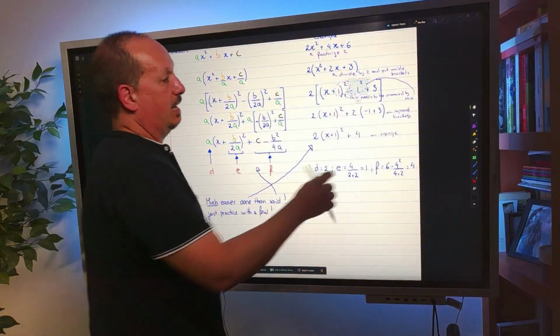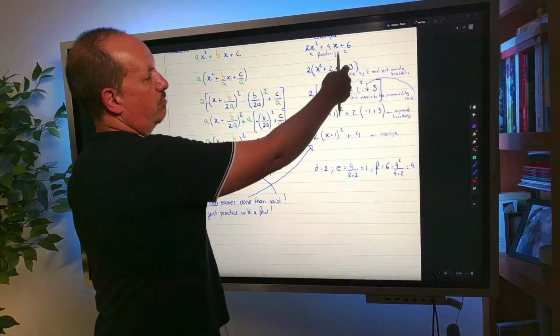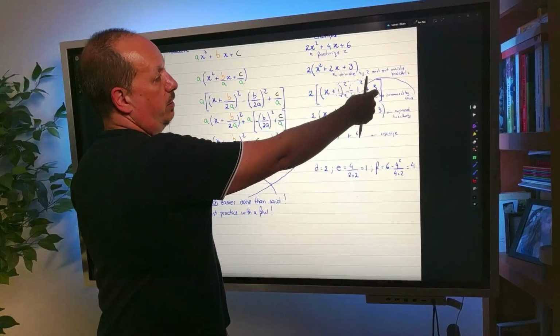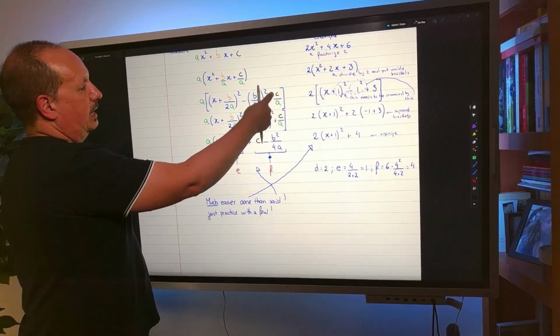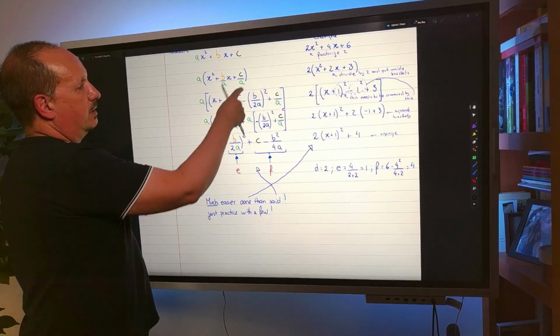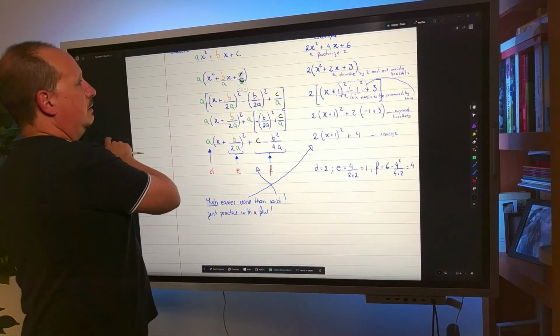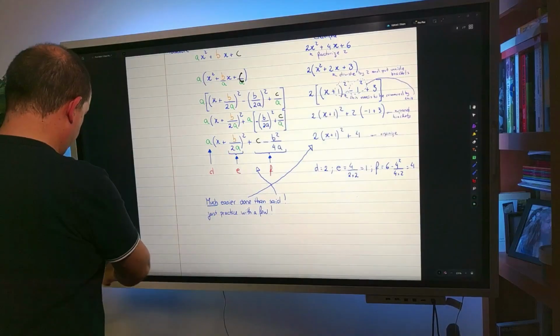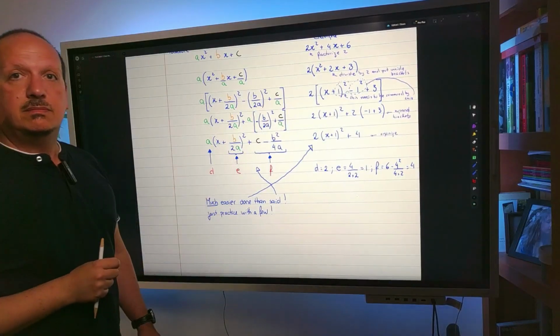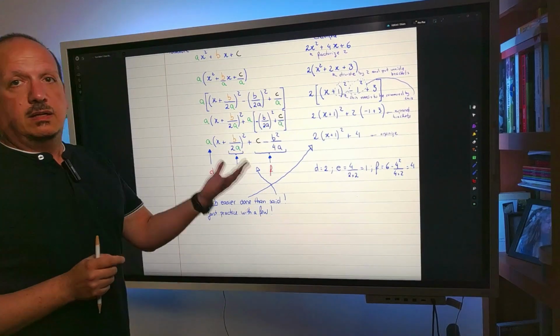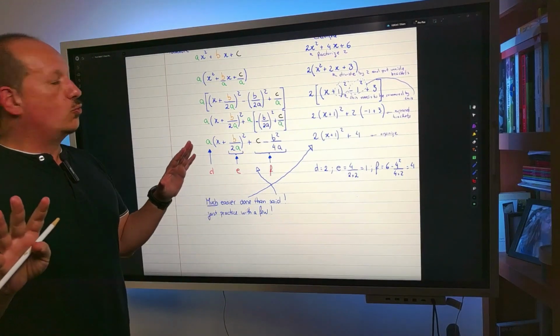And what is the last step? The last step is just writing whatever you have there. Plus 3, I write there, plus 3. In this case, I write the c over a that I have there. I write it again over here. And I close brackets. And basically the completing square part is done.